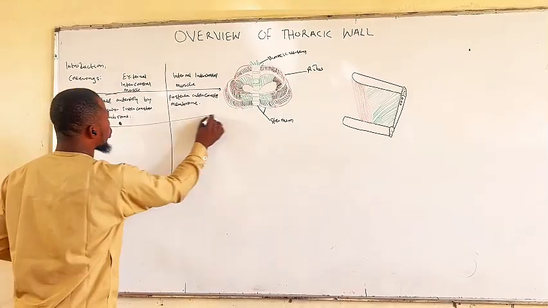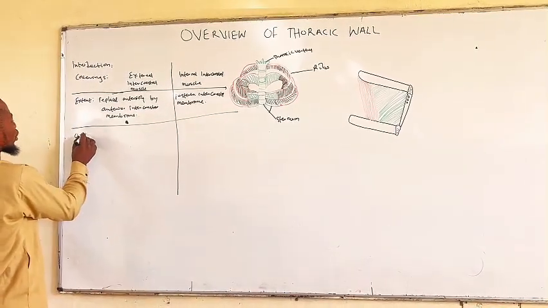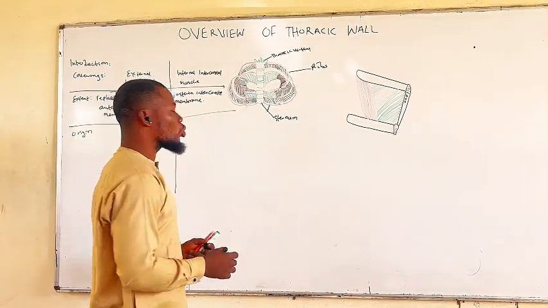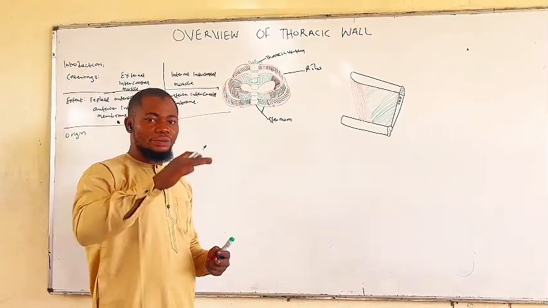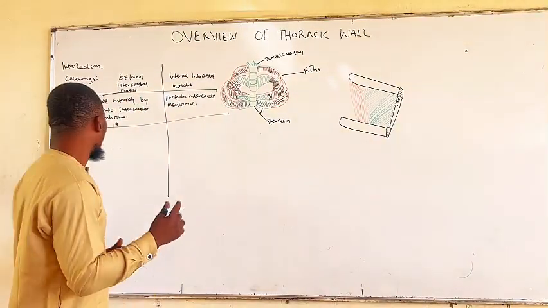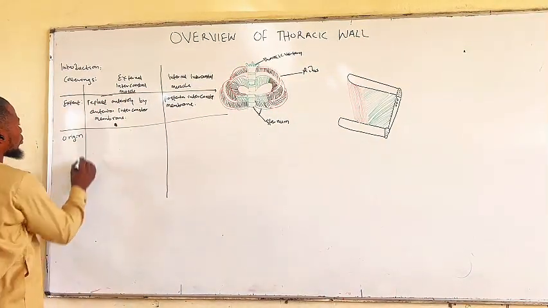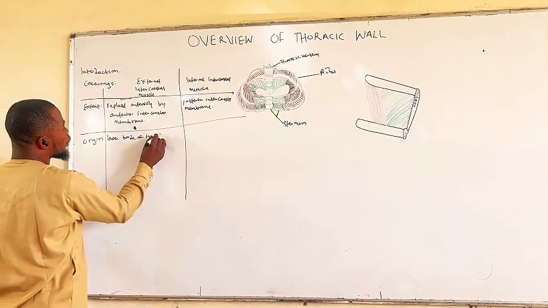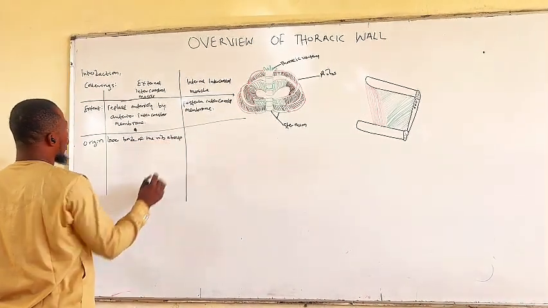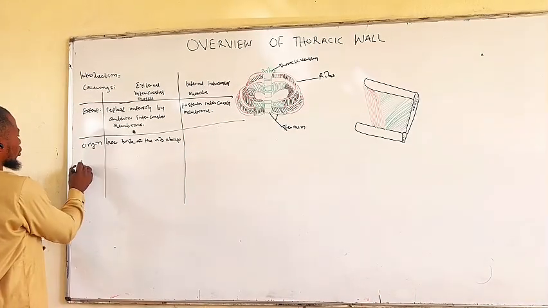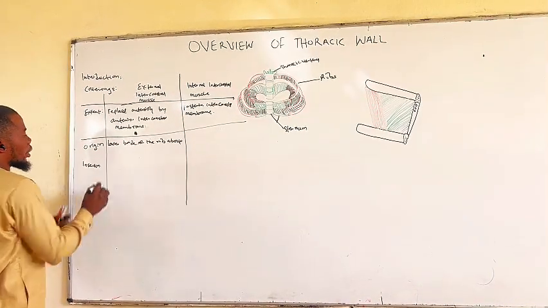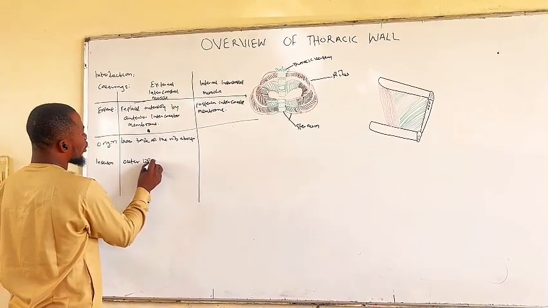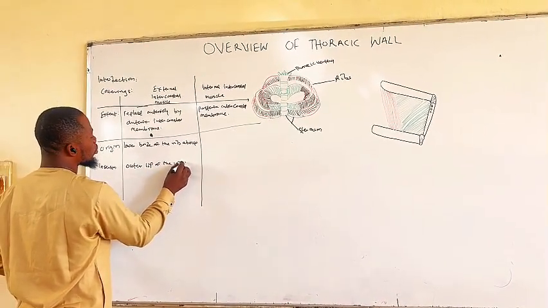Now, moving forward to their origin and their insertion. The external intercostal muscle originates from the lower border of the rib above and is inserted into the outer lip of the upper border of the rib below.